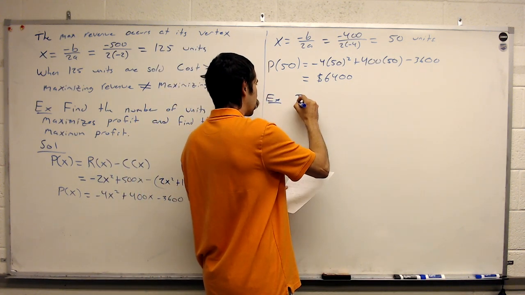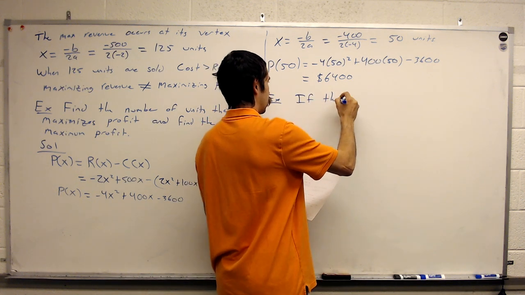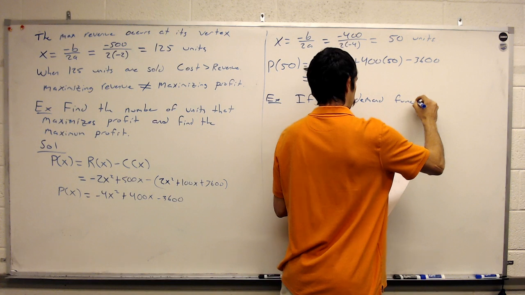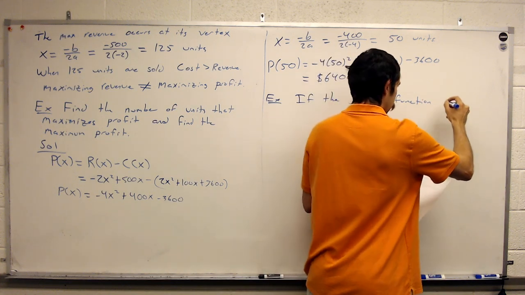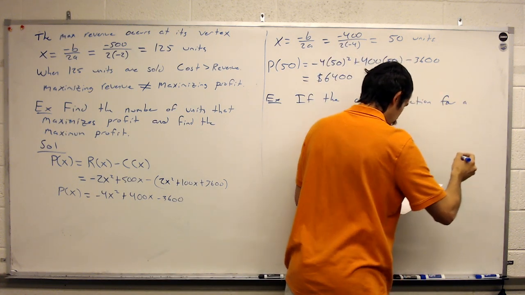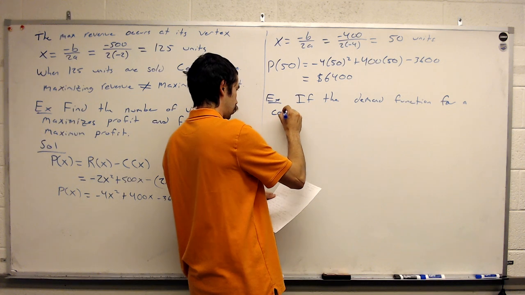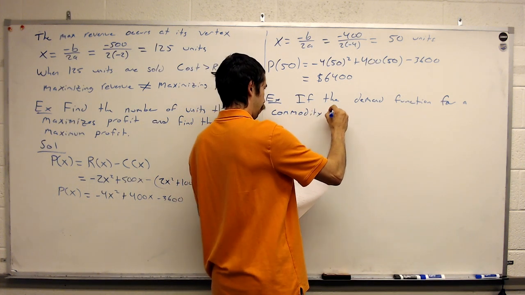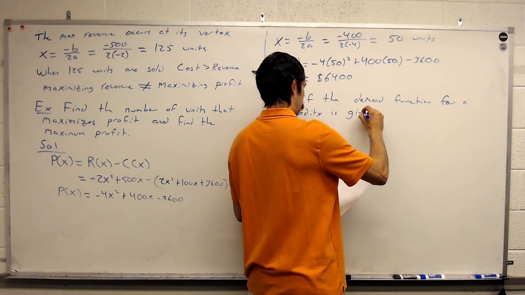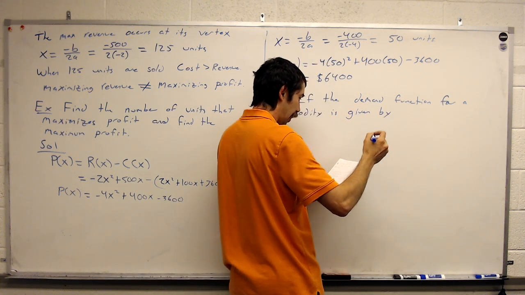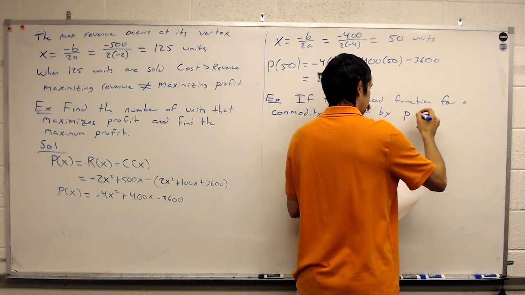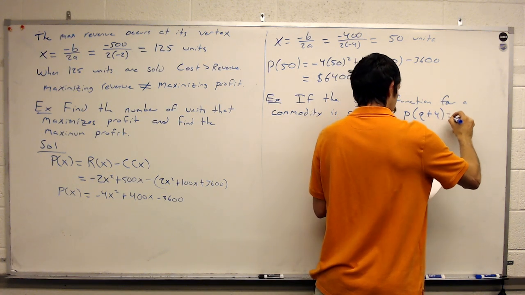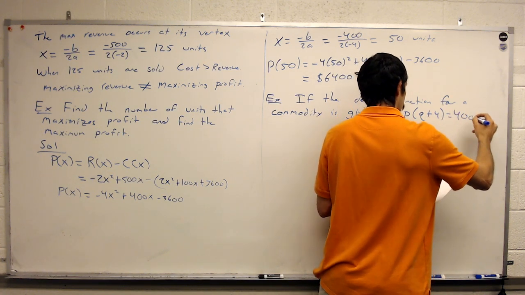If the demand function for a commodity is given by price times quantity plus 4 equals 400.